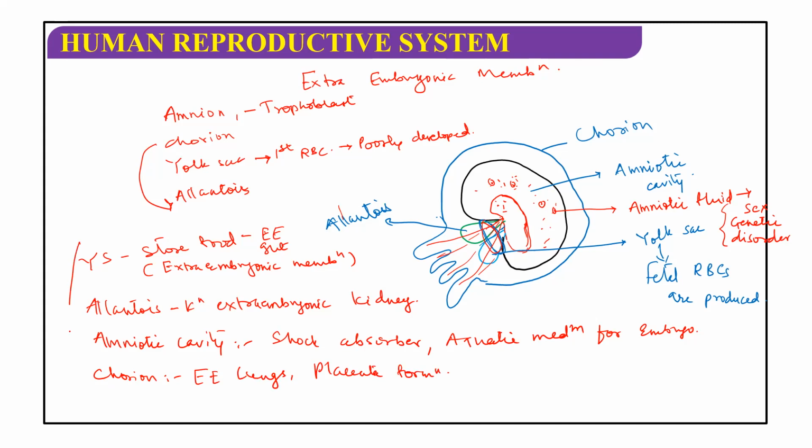So these all are the extraembryonic membranes which are important for the developing fetus. Placenta formation. So आपण म्हटलं ना chorioallantoic placenta. Clear? Yeah. So all these are the extraembryonic membranes of the fetus.